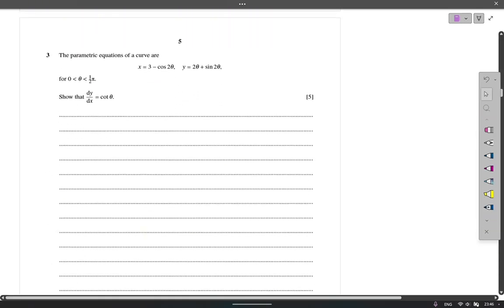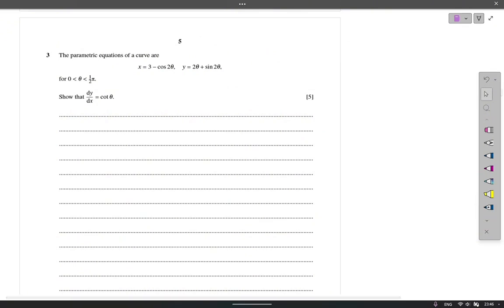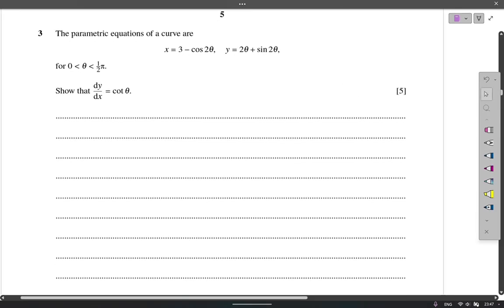So here is question 3. The parametric equations show a curve: x equals 3 minus cosine 2 theta, y equals 2 theta plus sine 2 theta. Show that dy over dx is cotangent theta. So these are parametric equations, so we have to take derivatives of these functions first.